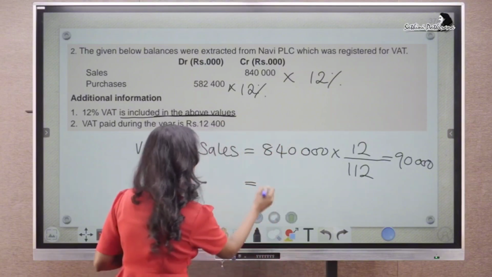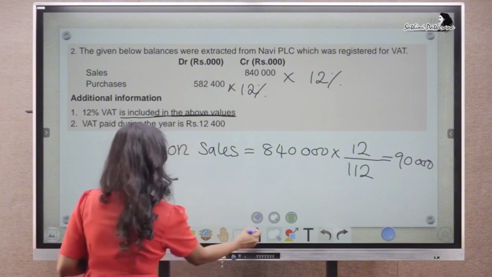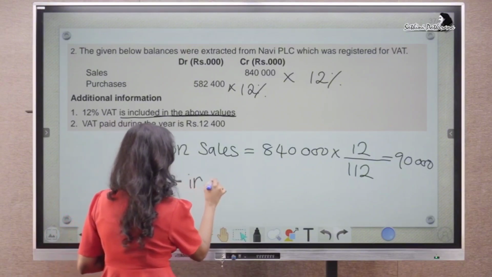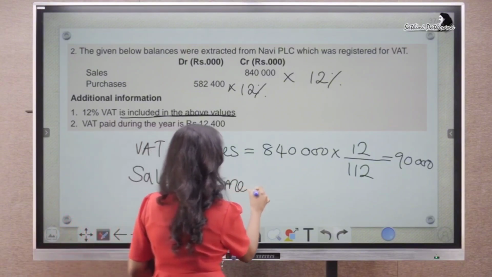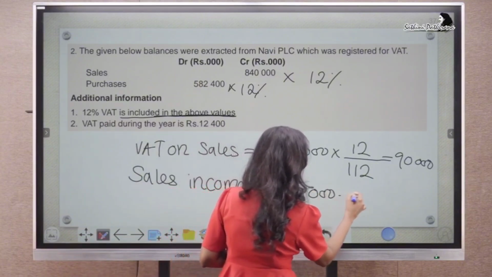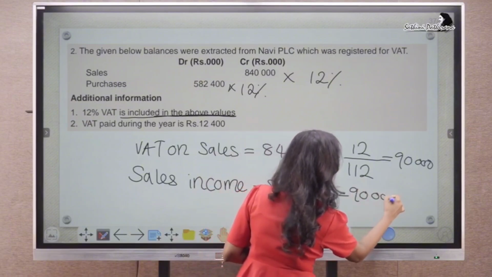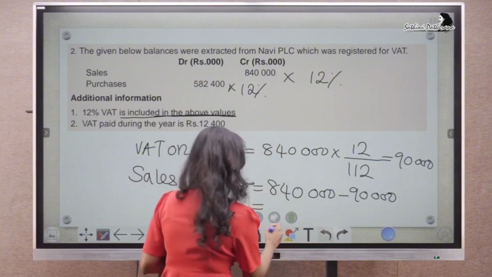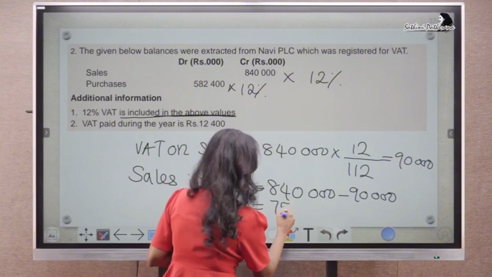Then if we calculate your actual sales income, your sales income is 840,000 minus 90,000. We are getting 750,000.